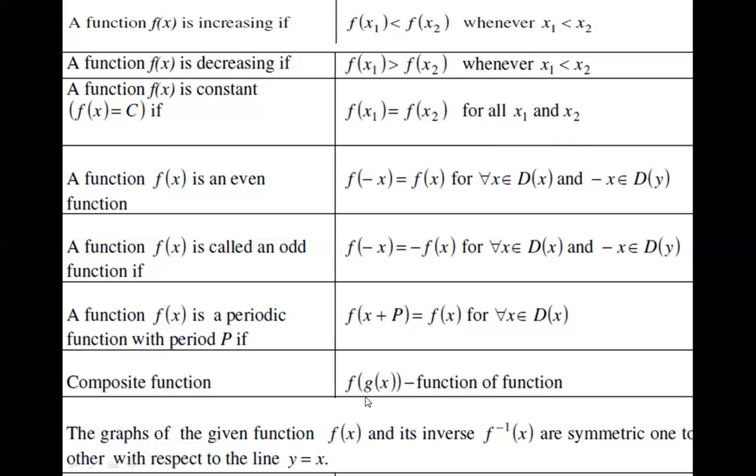Composite function f of g of x, function of a function. The graphs of a given function and its inverse function are symmetric to each other with respect to the line y equals x.